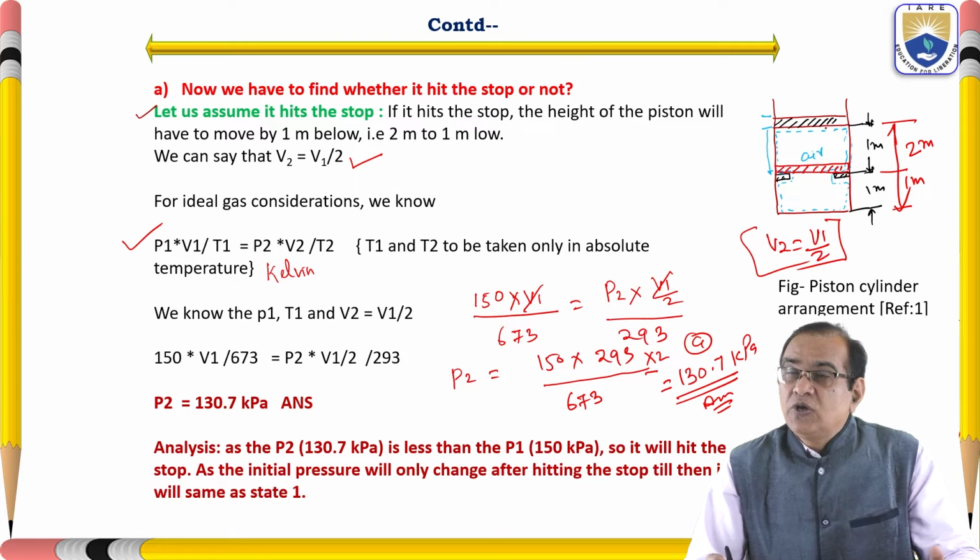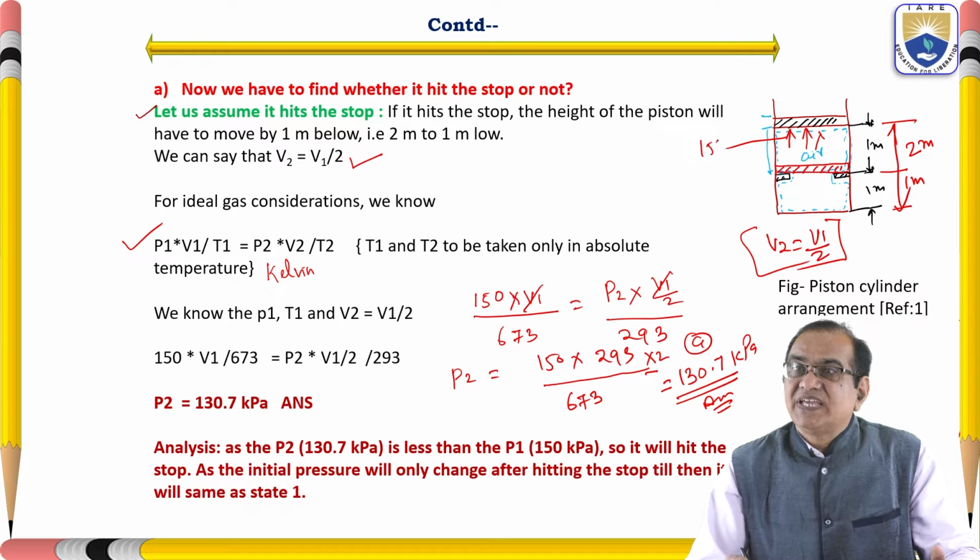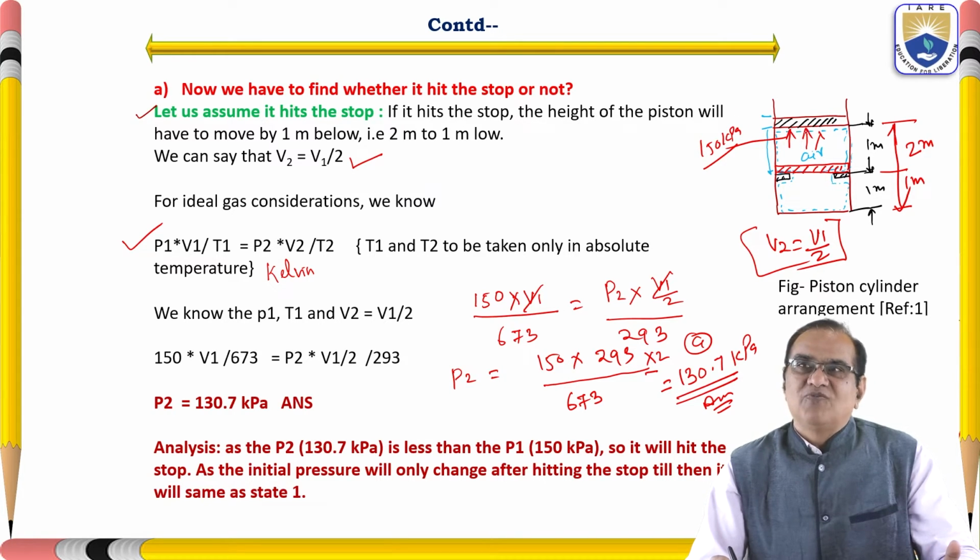Initially the pressure given is 150 kilopascal. If it is the same, it will not move. If it is hitting, then only the pressure will be dropping. So in this condition P2 is 130.7 kilopascal, so 100% it will hit the stop.